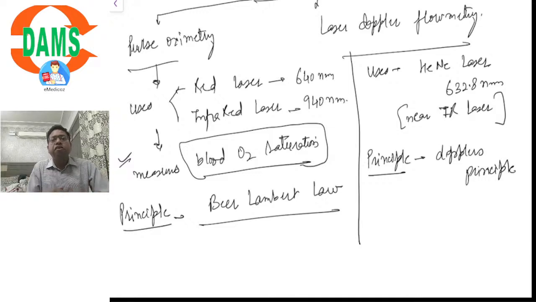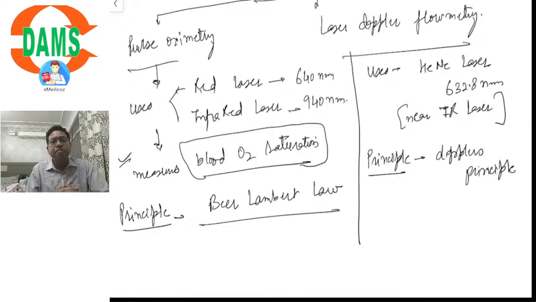This is like the working principle of the traffic police interceptors. You must have seen the traffic police interceptors. They gauge the speed of the vehicle. If the vehicle is moving faster than a designated speed, then there is a greater frequency shift of the light fired from the interceptor, and this is known as Doppler's shift.